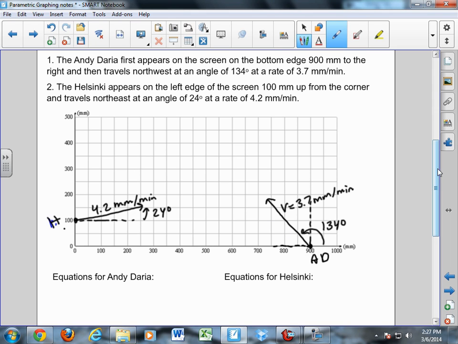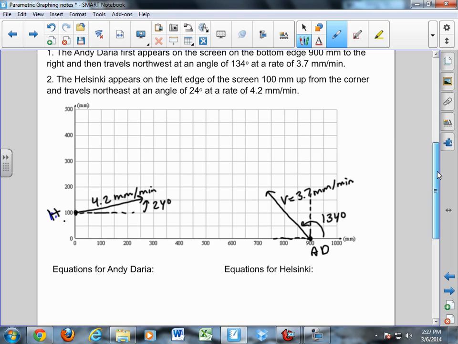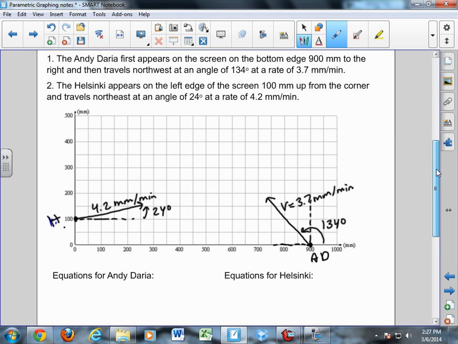I did want to point out, and I might have mentioned it in the previous slide, just as a little side note, that often when you're dealing with navigation, the way the angles are named is not the traditional way we've been doing it in math. In navigation, usually north is 0 degrees, east is 90, south is 180, and west is 270.